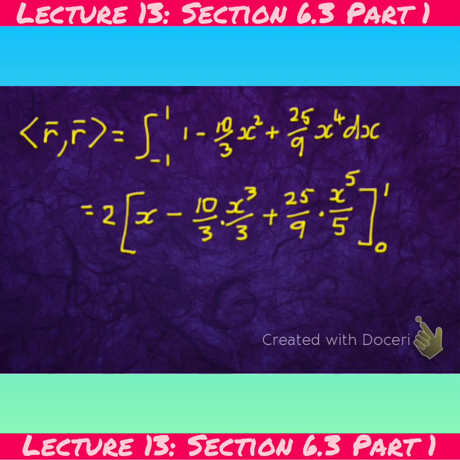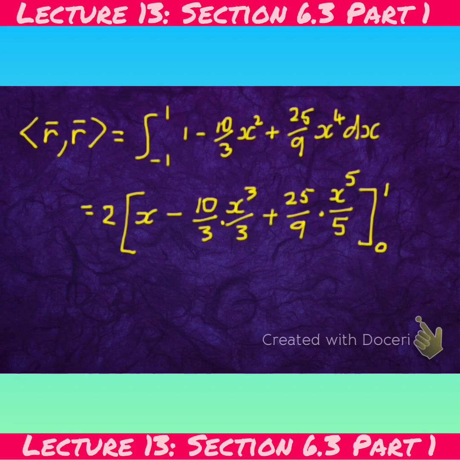And that is equal to 2 times the integral of this function from 0 to 1, because this function is symmetrical about the y-axis. So therefore we can just go from 1 to 0 and multiply it by 2.